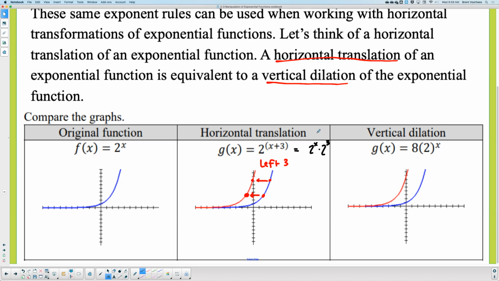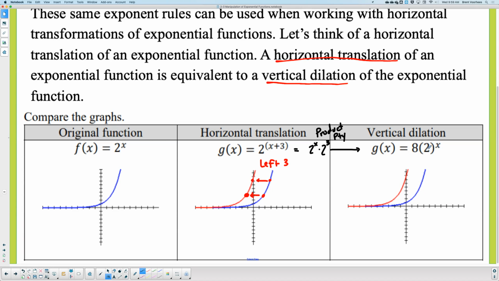No, it's the product property. The product property tells you that this is the same thing as 2 to the x times 2 to the power 3. Now, what is 2 to the power 3? 8. And thus we get this equation here. You see how that's 8 times 2 to the power of x?